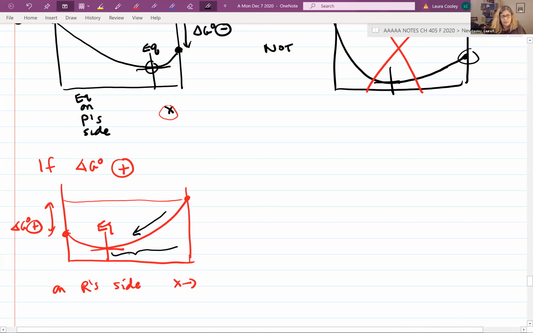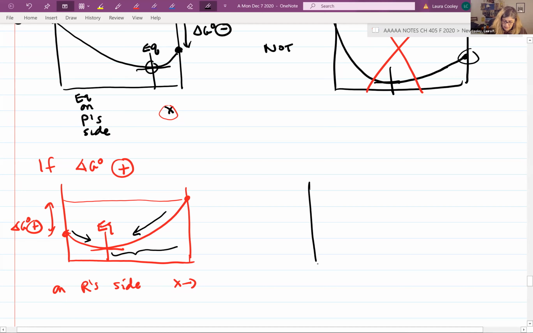That's consistent with what you know from freshman chem. But there's also this region here where the reaction is going to go forward, and it's a smaller region. If you have all reactants or mostly reactants, that reaction is going to go forward. So just be aware that you're going to have a smaller region where the reaction is going forward if delta G is positive.